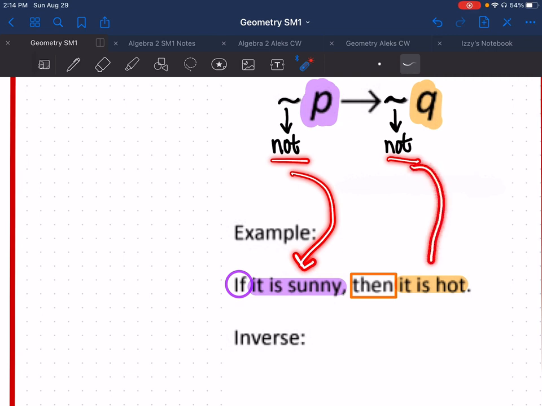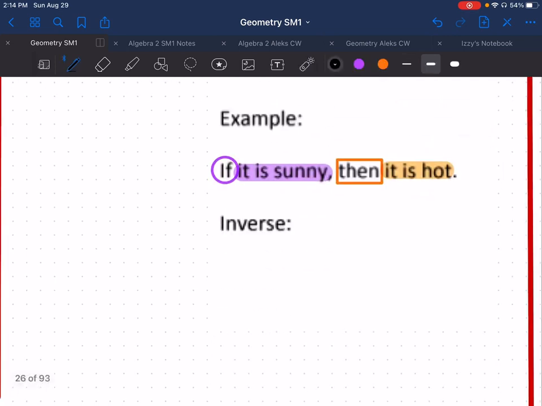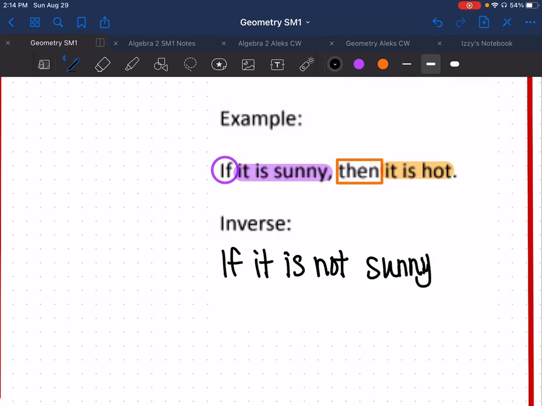And the word not into here. It is not hot. That's all I have to do. I'm going to keep the basic structure. If it is not sunny, comma, then it is not hot.